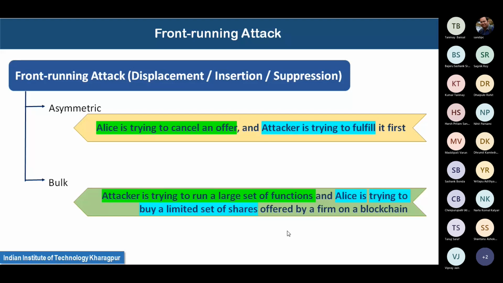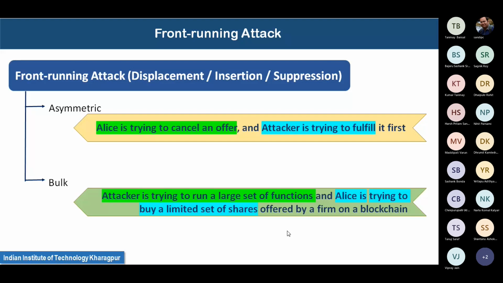Say Alice has placed an offer, saying that she would like to buy, as I said, one Bitcoin for, say, 105 Litecoins. And then Alice decided to cancel it. So she now entered the cancelling transaction.